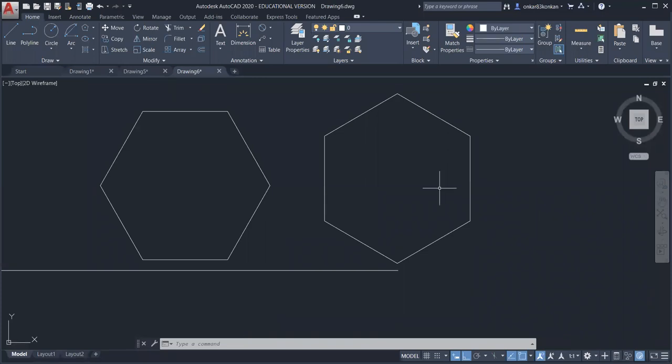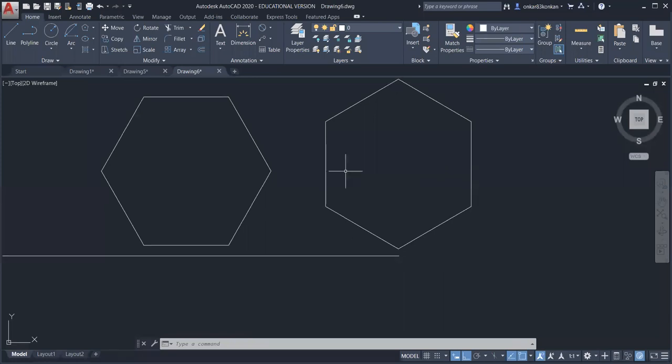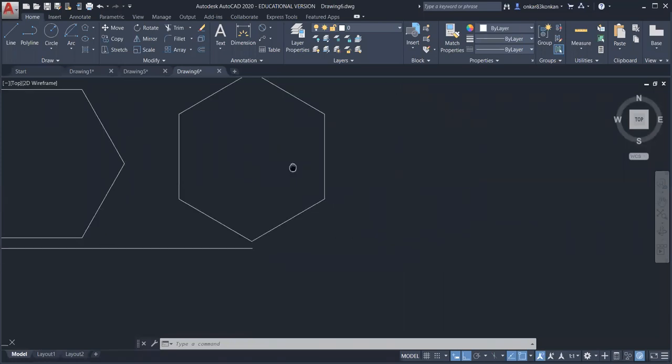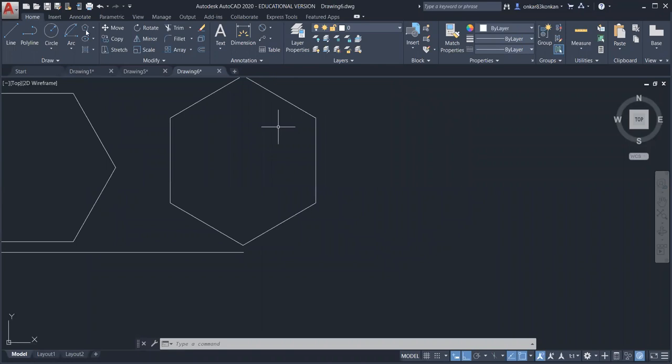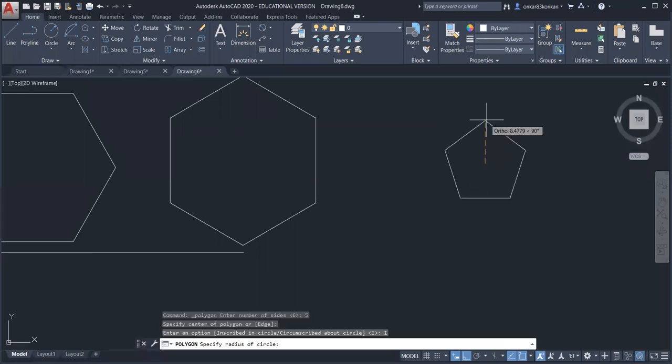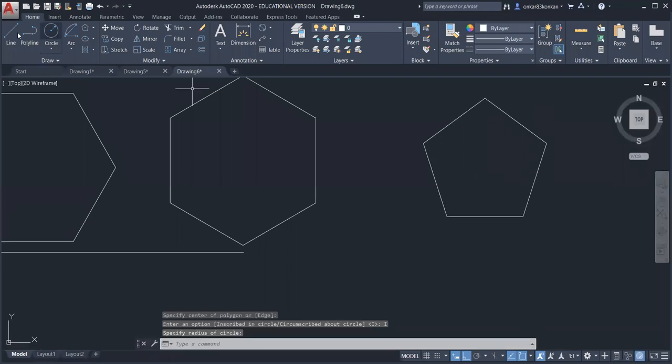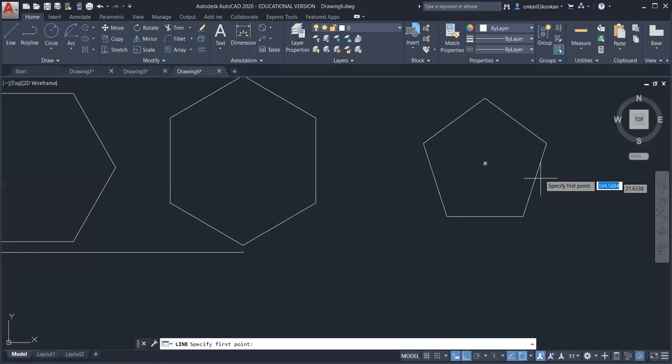And second is about the pentagon. So students have drawn the pentagon like this. Okay, and then they have shown the dimension 40° for this line.